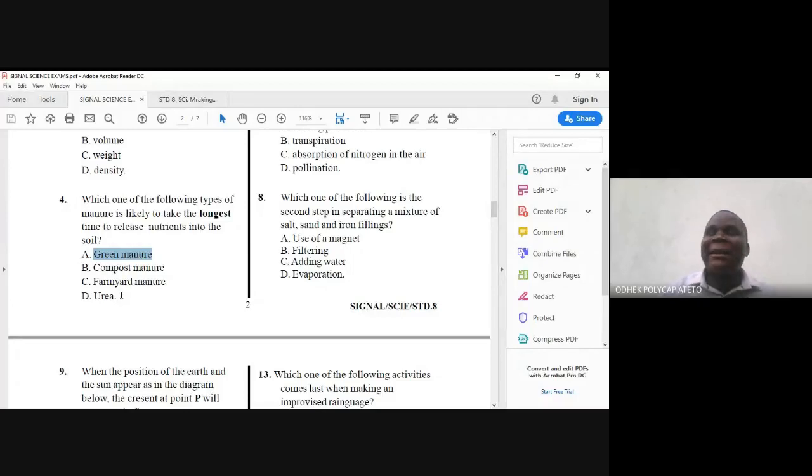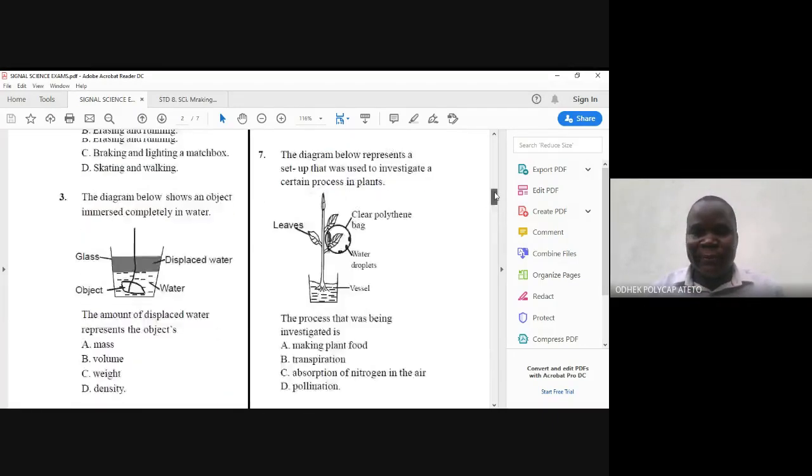But the one that takes the shortest time possible is always the fertilizers. So fertilizers release the nutrients immediately, and they also release specific nutrients. Those are advantages of fertilizers. Any question?